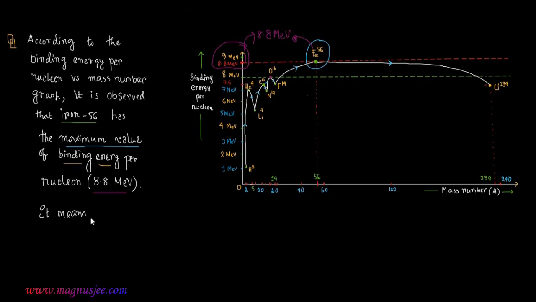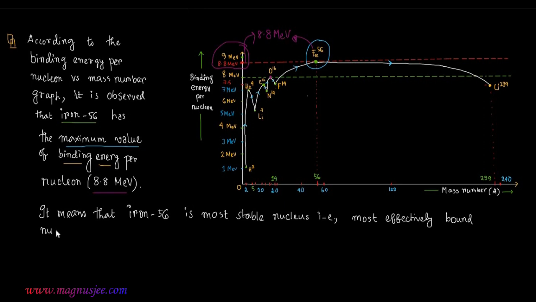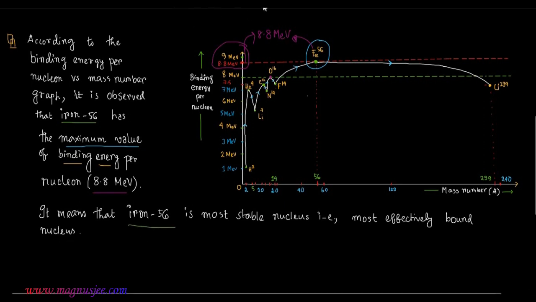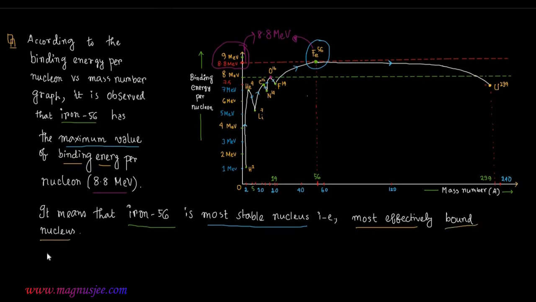It means that iron 56 is the most stable nucleus or element, that is, the most effectively bound nucleus.